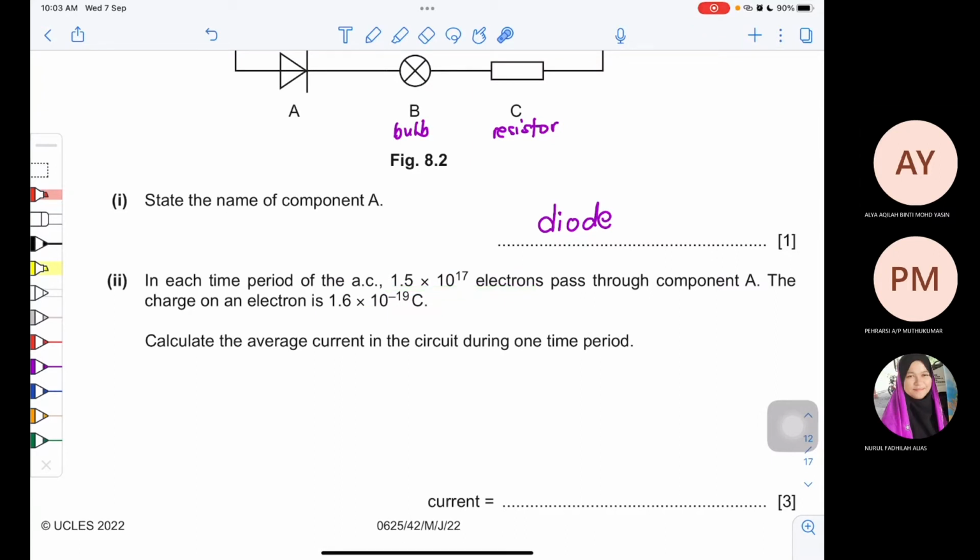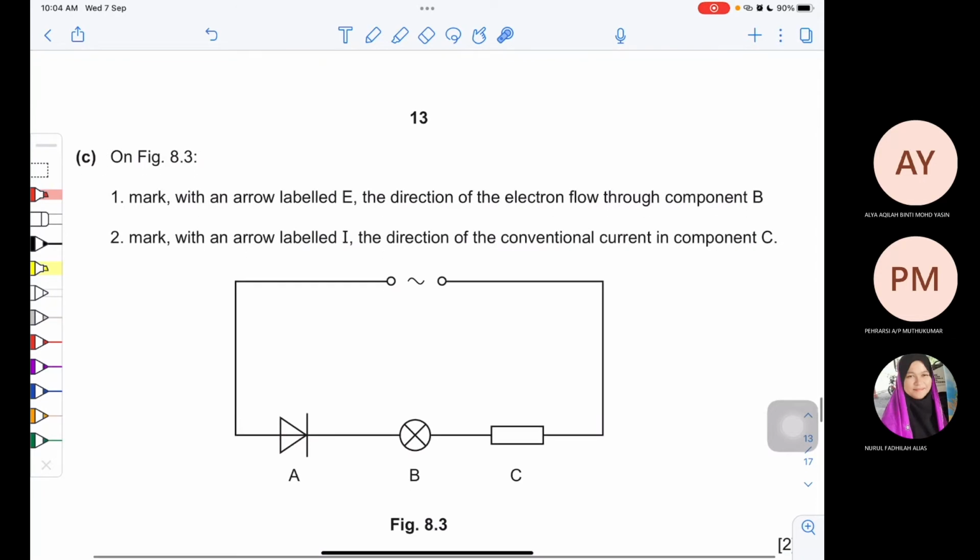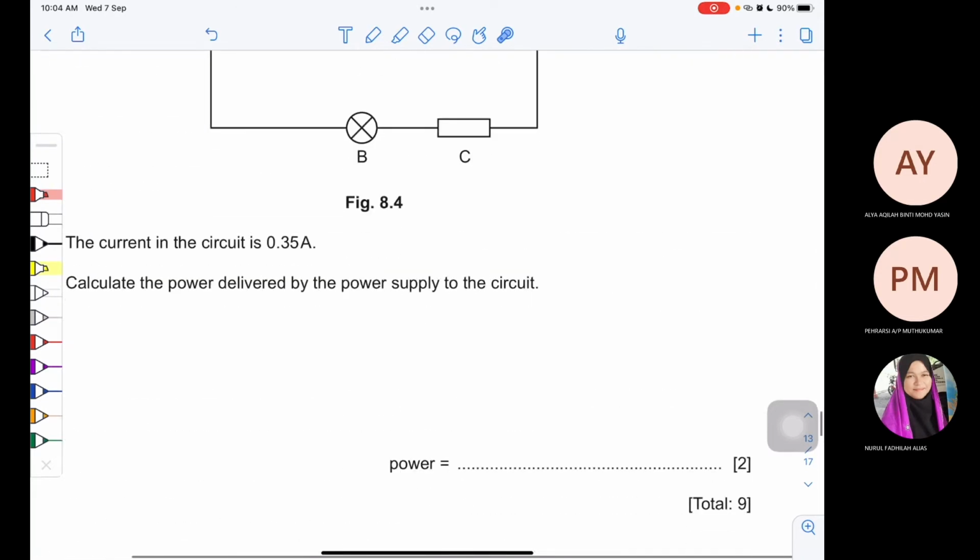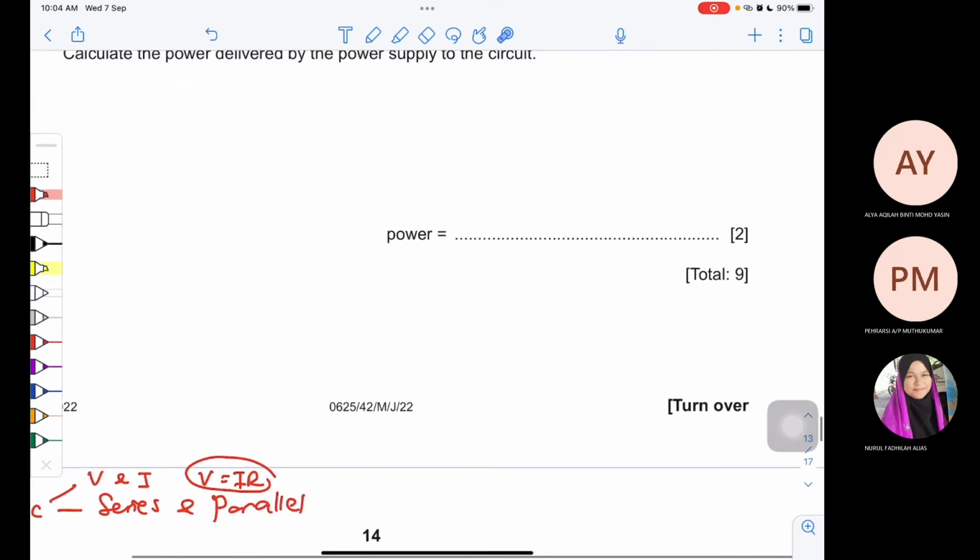Okay, calculate the average current in the circuit during one time period. Okay, 3 markah kat sini. So, you all cuba baca-baca dulu. Apa idea tak macam nak buat?